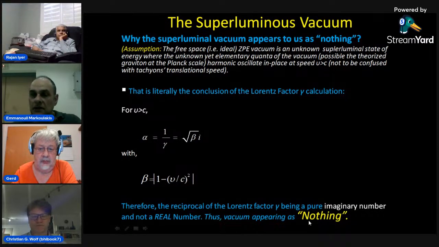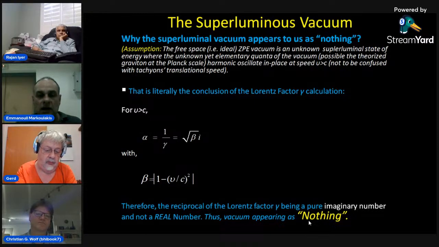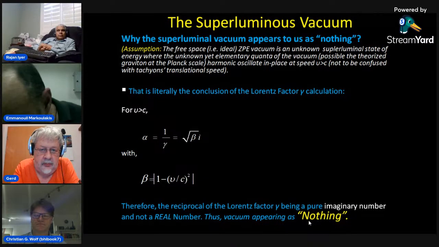If you literally translate the mass, that's actually what the Lorentz transformation is saying to you, that it's a virtual particle. It has a pure imaginary Lorentz factor, so it's not a real number. Therefore, it will appear to our space-time as nothing. So, yeah.